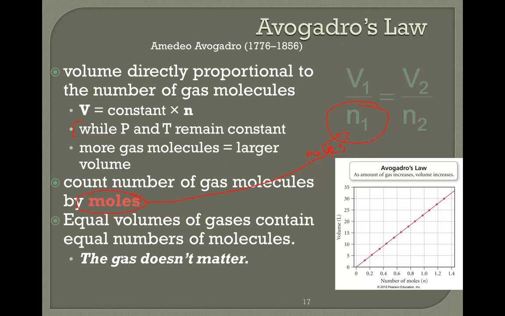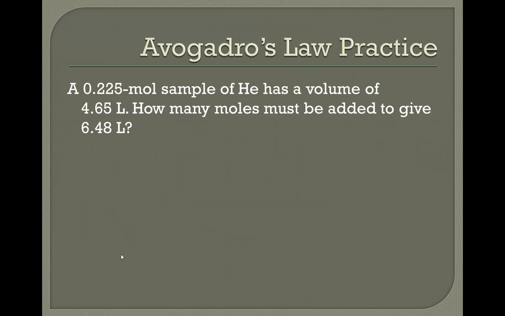Alright, so this equation is V1 over N1 is equal to V2 over N2. So 0.225 moles of a sample of helium. So that's going to be our N. It has a volume of 4.65 liters.